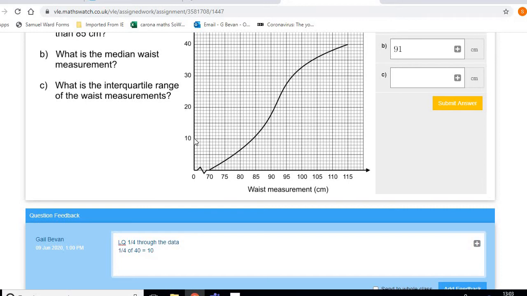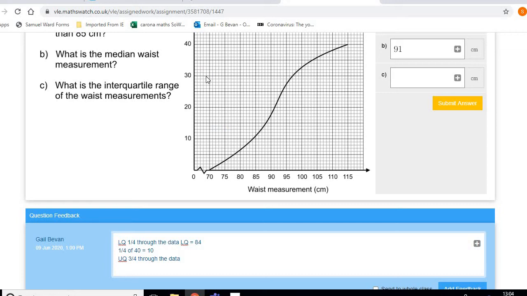So I'm going to go to 10 and go across to the curve, down to the x-axis, and it looks to me about 84. So the lower quartile equals 84. You should remember doing this on graphs in school. The upper quartile is 3/4 of the way through the data. So 3/4 of 40: 40 divided by 4 and times by 3 is 30.